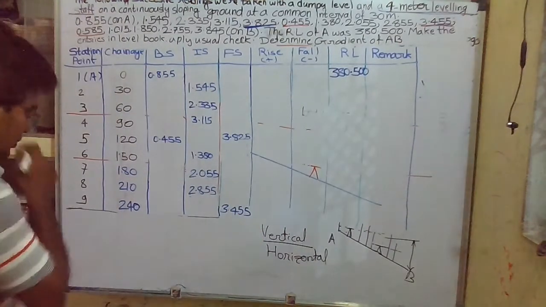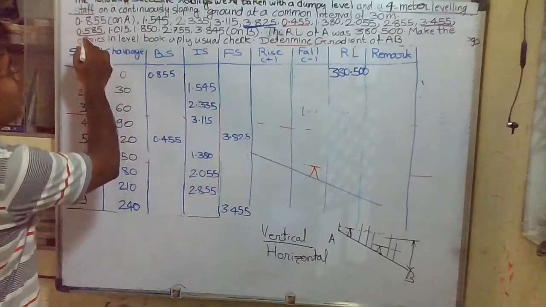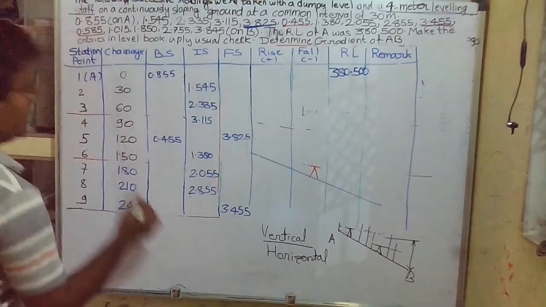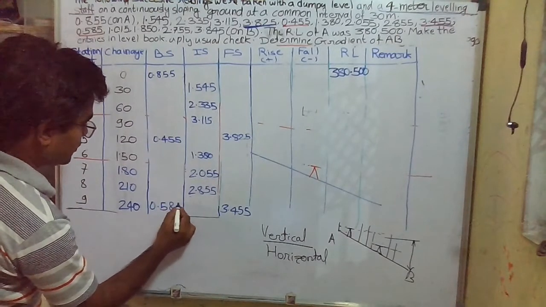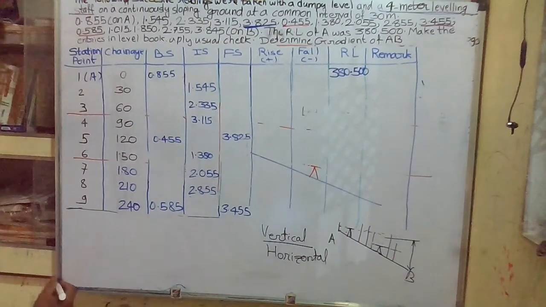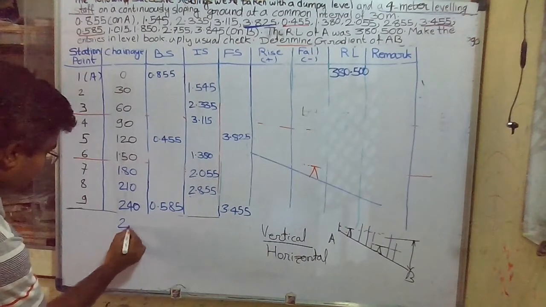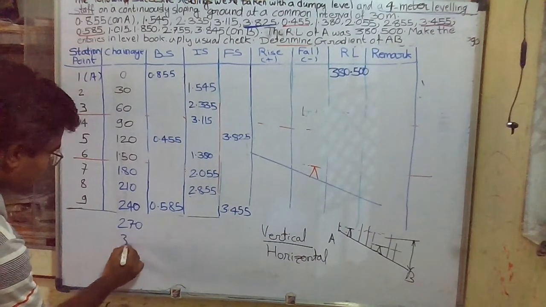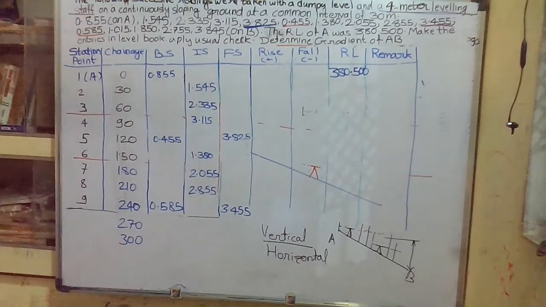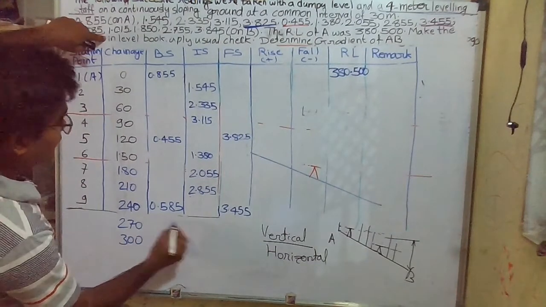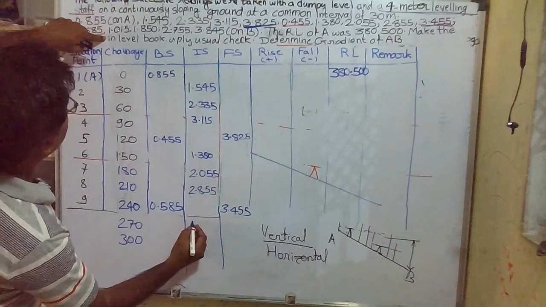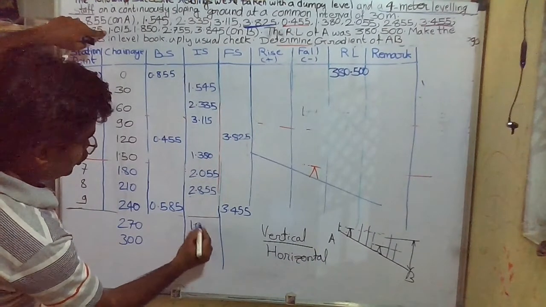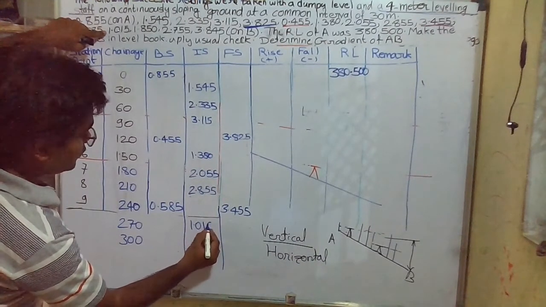3.455. Then again, next reading we have to write in the back side, that is 0.585. Then next reading is 270. Next change is 270. Then change is 300. So here the reading is, we will again write in the intermediate side 1.015.